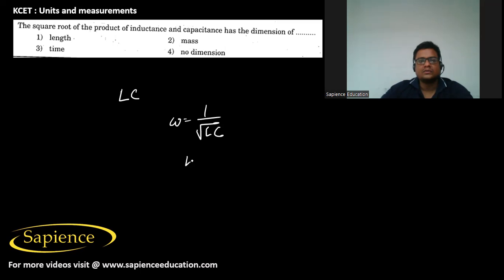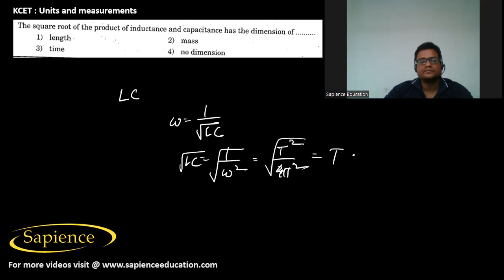So LC will be equal to 1 by omega square. So omega square means it is 4 pi square by T square. Since omega is 2 pi by T, the square root of LC will have the dimension of time. So option 3 is the correct answer.